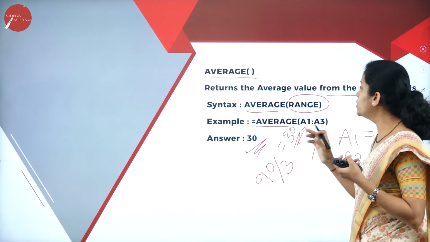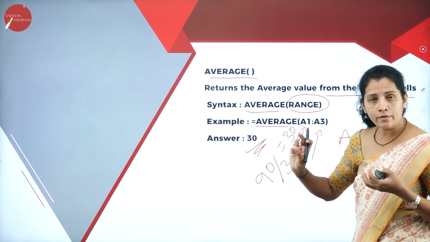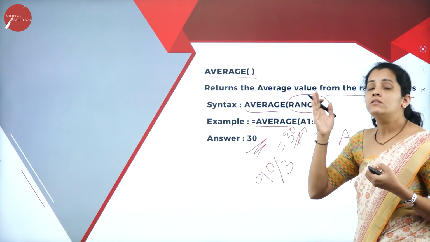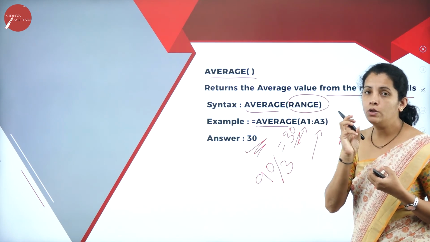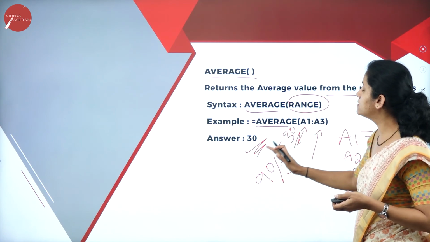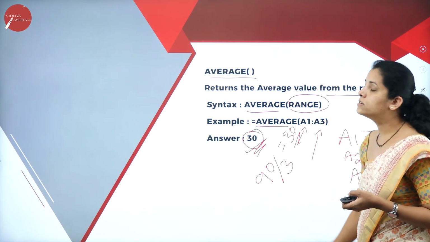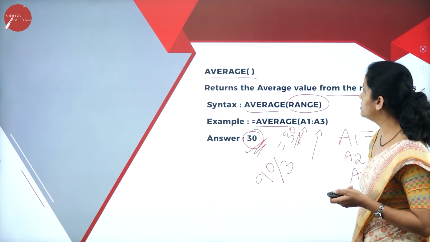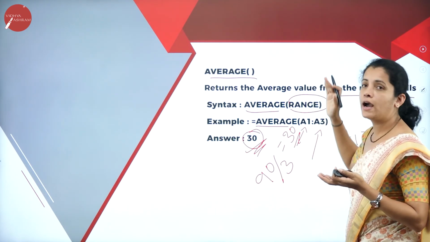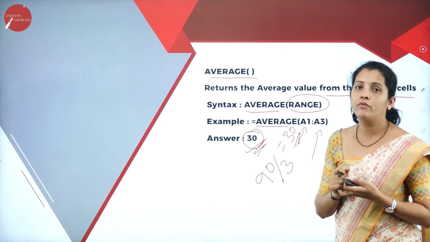First it is going to add all 3 values, then it is going to divide the sum of those values by the total number of values, and that is the result from this function. So this function returns the average value from the range of cells.